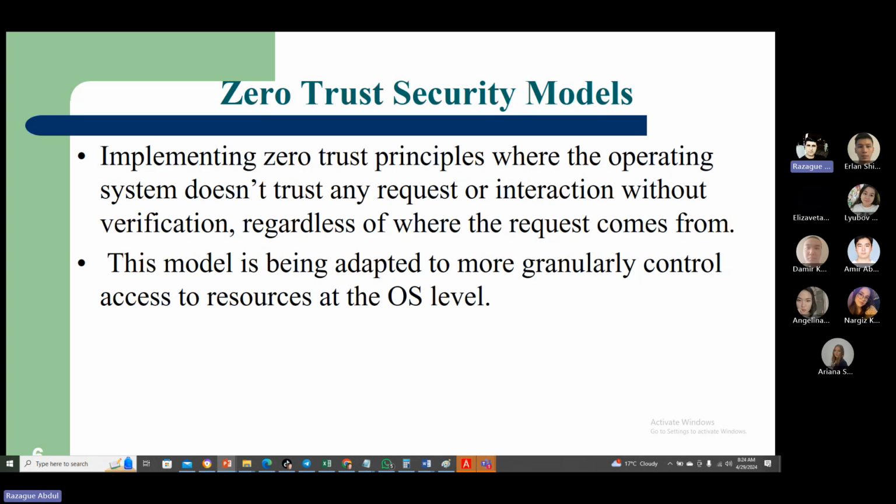So I can say here, implementation of zero trust security models in operating systems represents a proactive and dynamic approach to defending against the evolving landscape of cyber threats. By assuming that there is no implicit trust and that every request or interaction must be verified, organizations can significantly enhance their security posture as cyber threats become more and more sophisticated and pervasive.